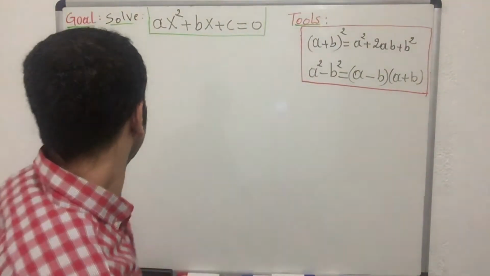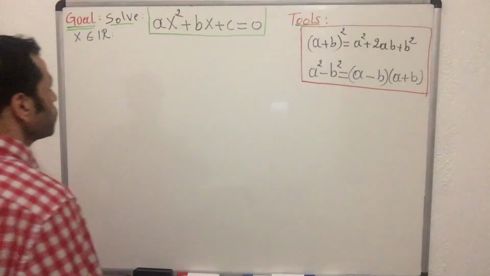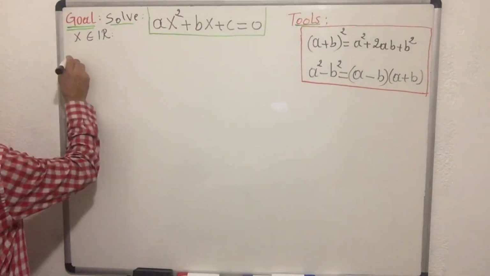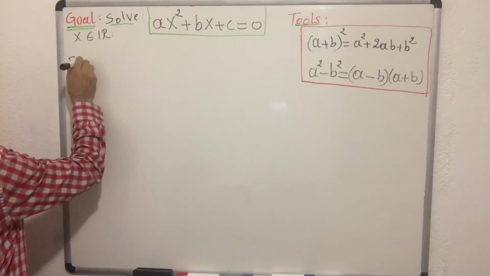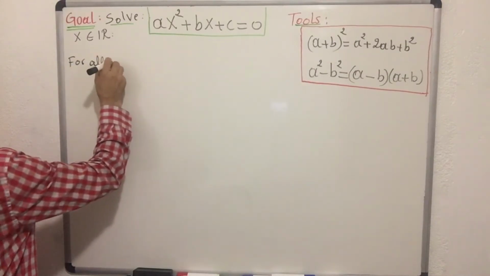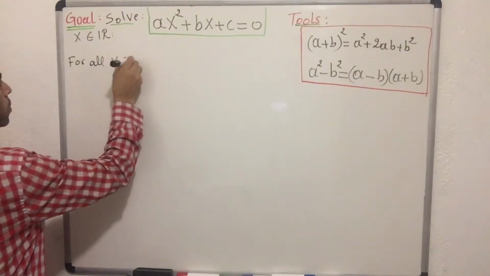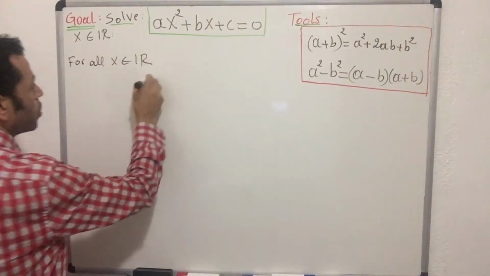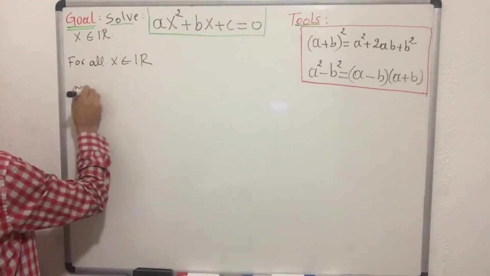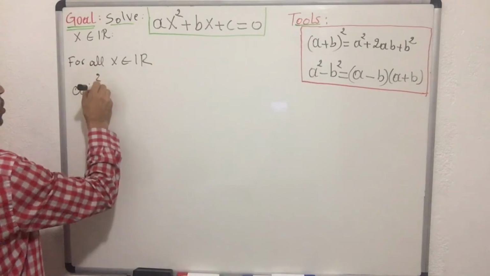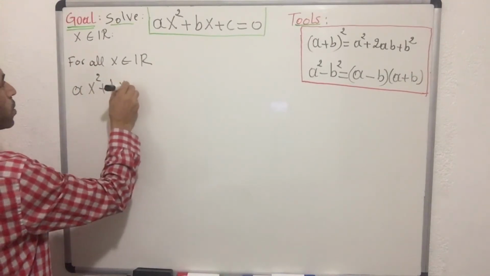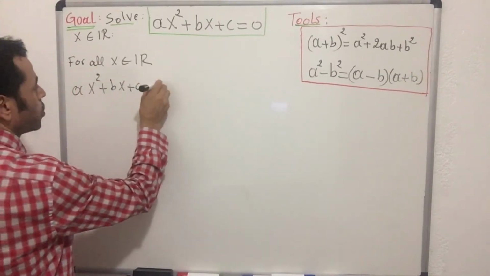Okay. Let's start now. We have, for all real numbers x, a x squared plus bx plus c equals 0.